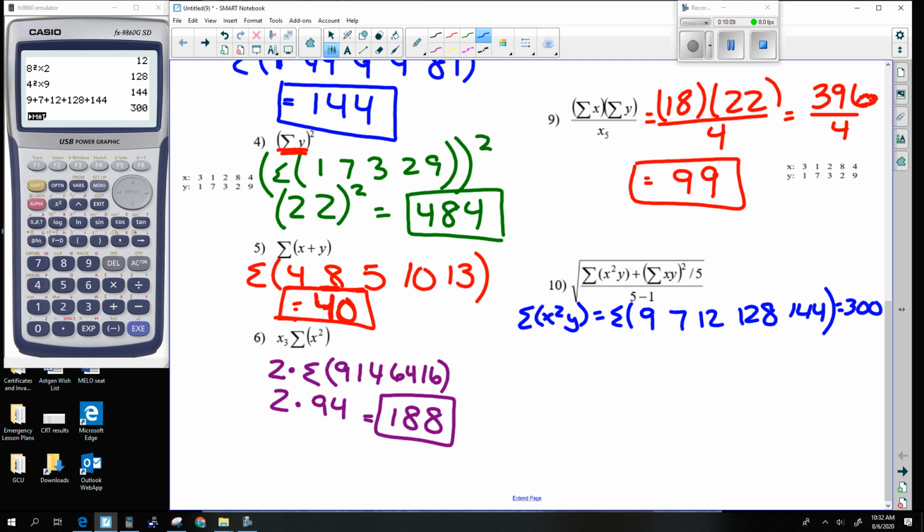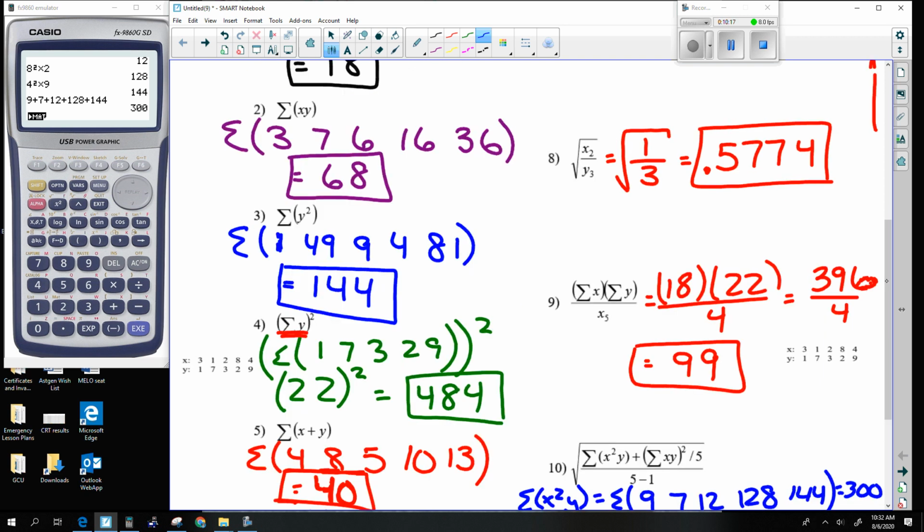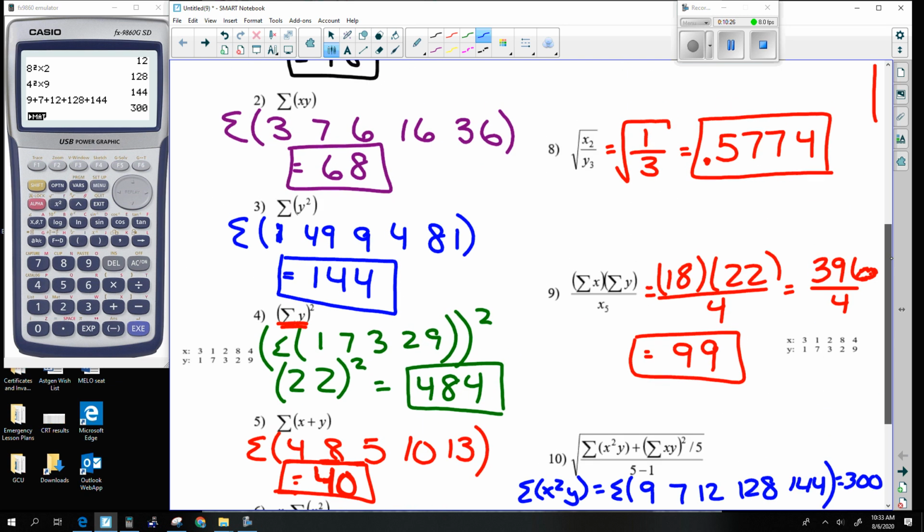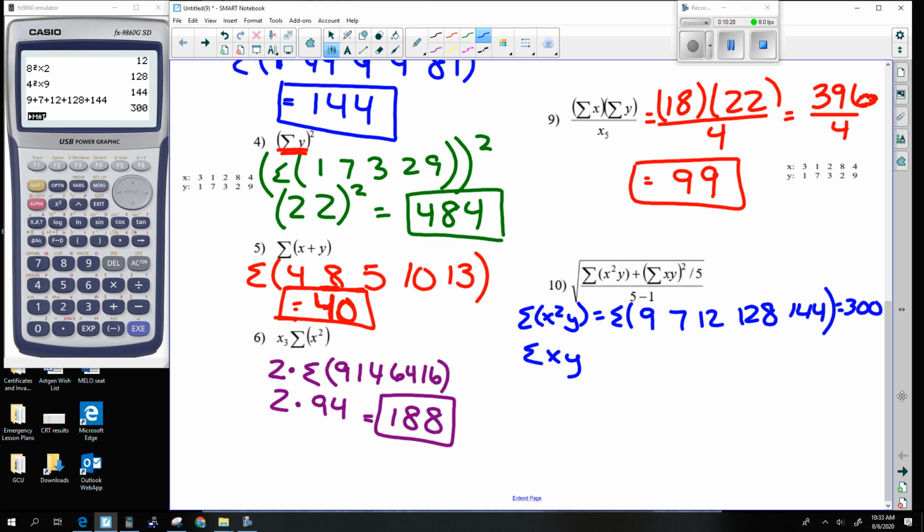The next is going to be the sum of xy. I believe I probably did that already in one of the problems. Yeah, number 2 is the sum of xy. And so number 2, I should have paid attention, is 68. Okay, so what am I doing to that sum of xy?